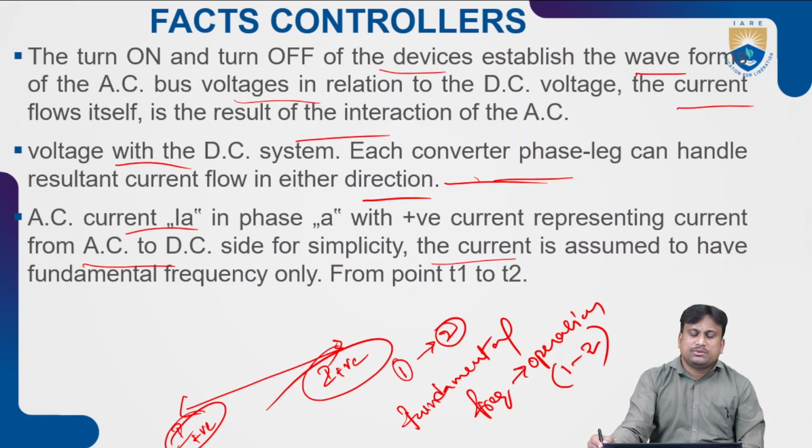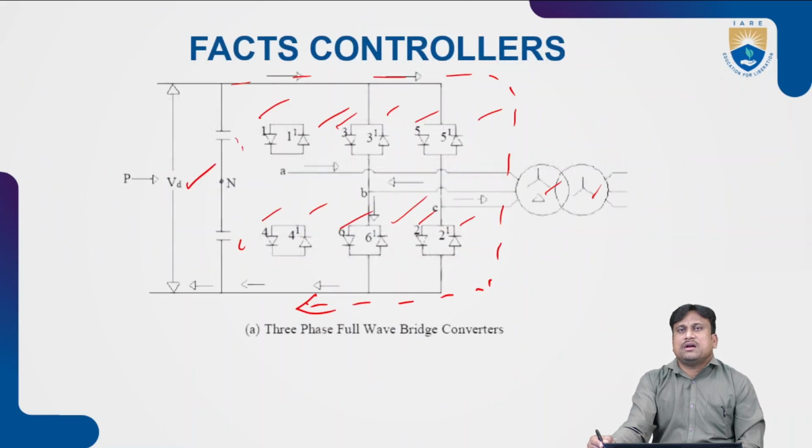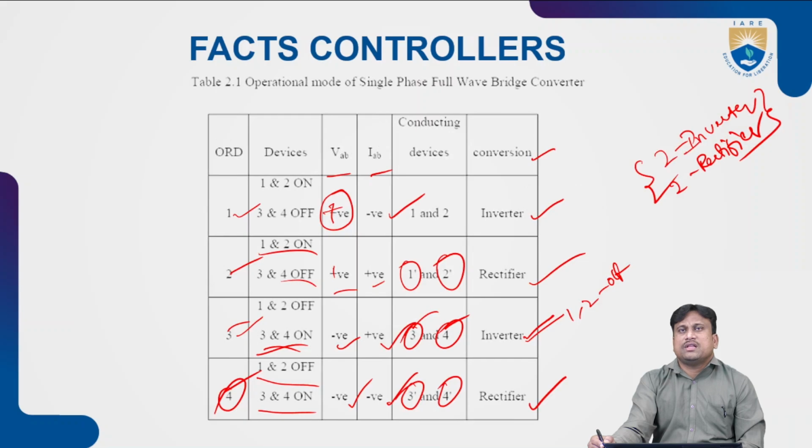So as the AC to DC conversion as rectifier is existing, that means current is assumed to have only fundamental frequency. Because of this nature of the system, they may undergo the inverter and rectifier operation for the 4 cases of the network as given in the operational modes of the full wave bridge converter case.